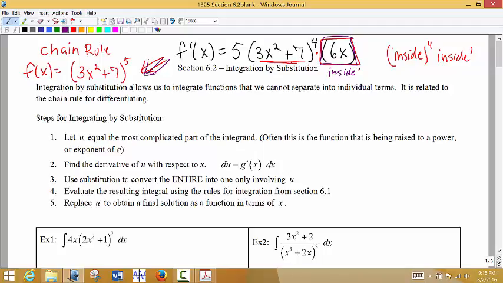So the whole point of this section is to repackage the integrand so that it's a lot easier to see what the integration would be. Integration by substitution allows us to handle more complicated functions, and it's related to the chain rule for finding derivatives. So it's basically the opposite of the chain rule.